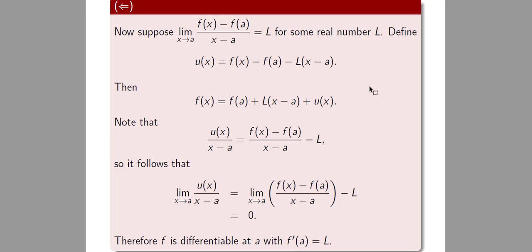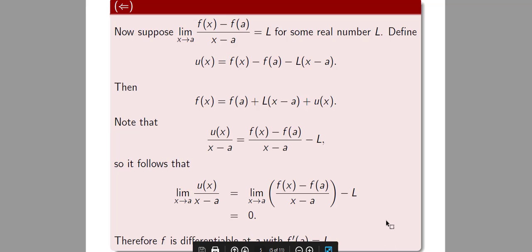Then we can solve this and say that f of x is equal to f of a plus L times x minus a plus u of x. And then we can calculate that u of x over x minus a is equal to the difference quotient minus L. And when we take the limit of both sides as x approaches a, this gives us 0.